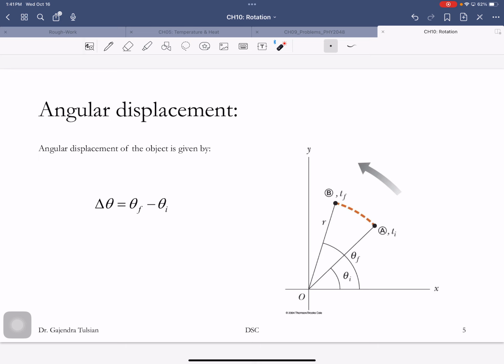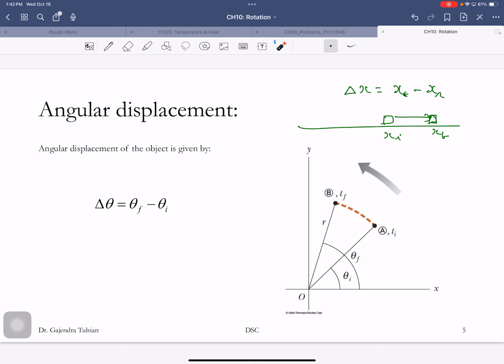So the angular displacement is the final angular position minus the initial angular position. This is the parallel of x final minus x initial. So the parallel of linear displacement is this angular displacement.